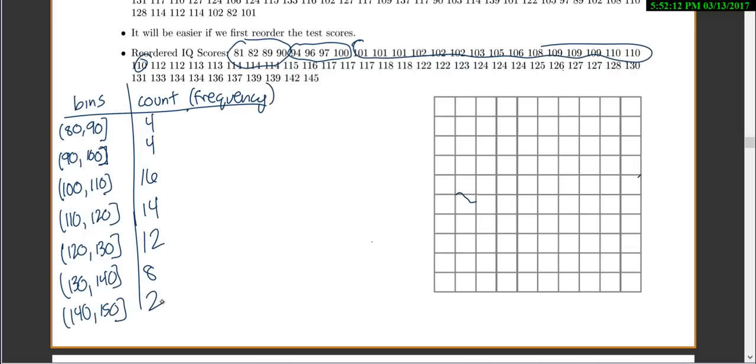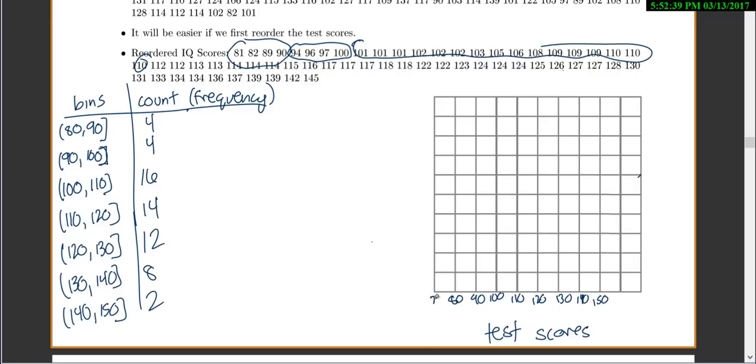So once you've counted all of these, you come over here. And you do always have to label everything. Let's say our horizontal axis will be our IQ scores. I'll put an 80, 90, 100, 110, 120, 130, 140, 150.